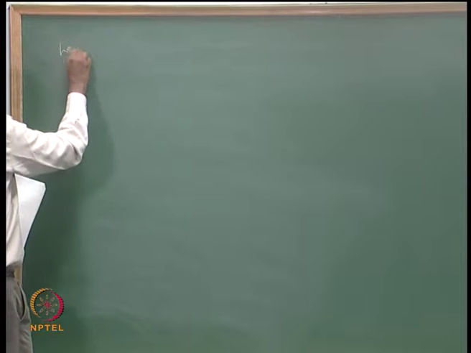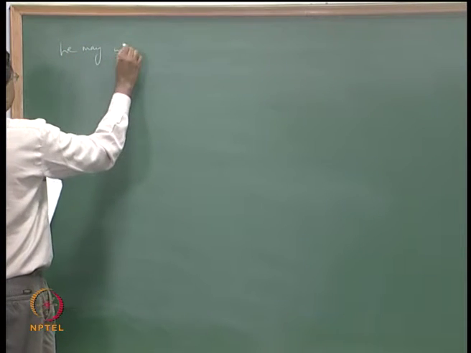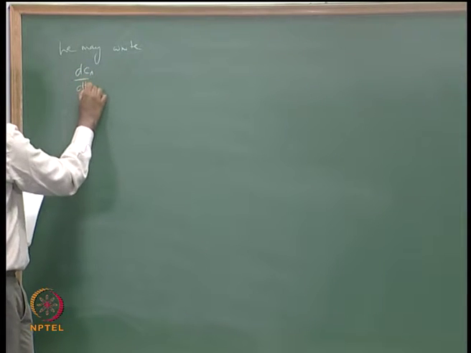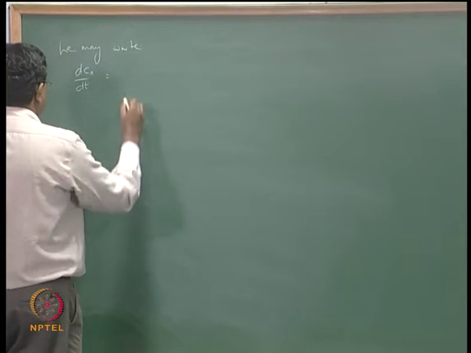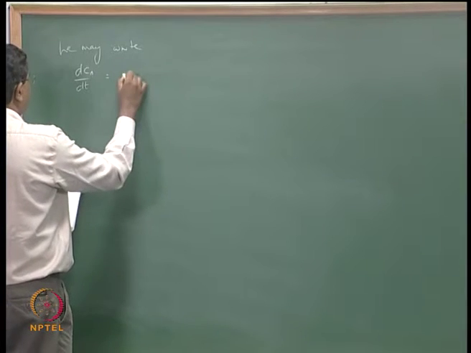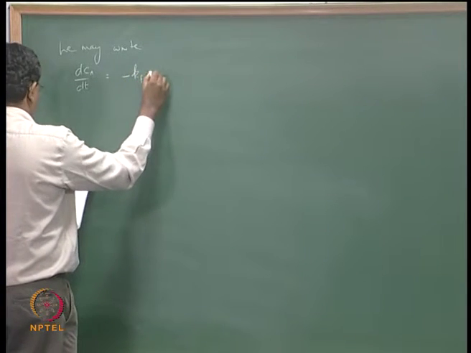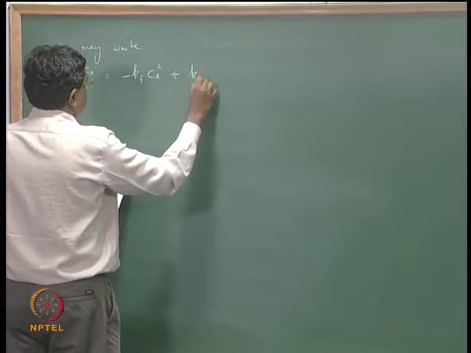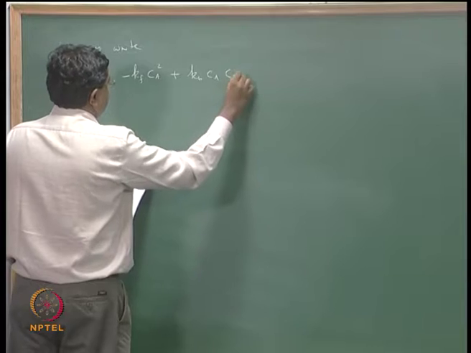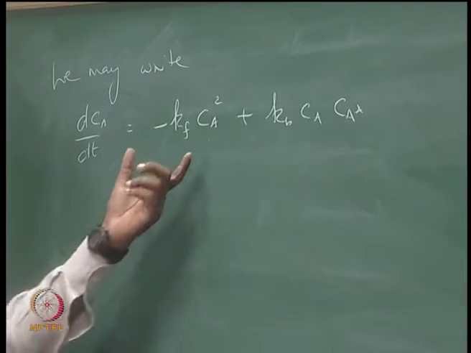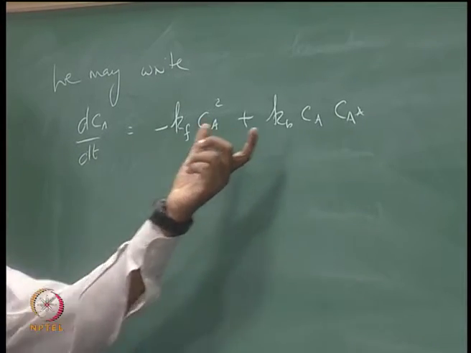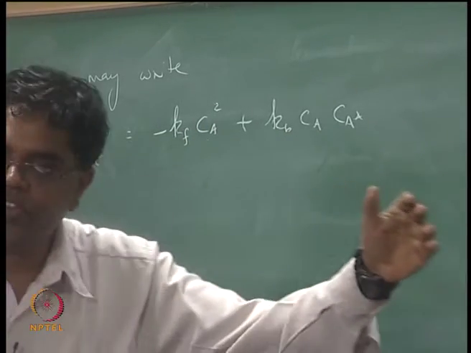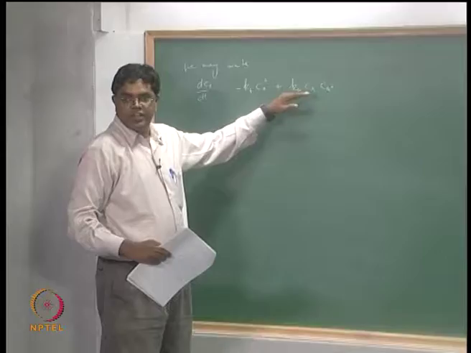So we may write dCA over dt equal to minus kf Ca squared plus kb Ca star. So this is for the depletion of A, this is for the production of A. Okay, A is being depleted because of the first reaction, but it's being produced by the second reaction.